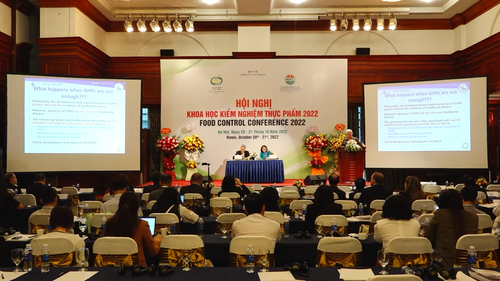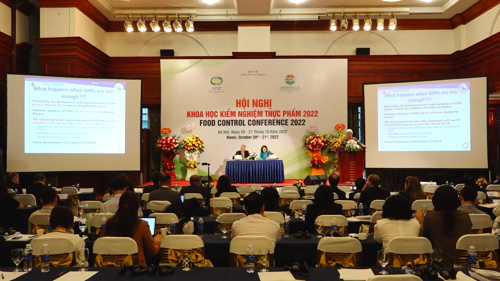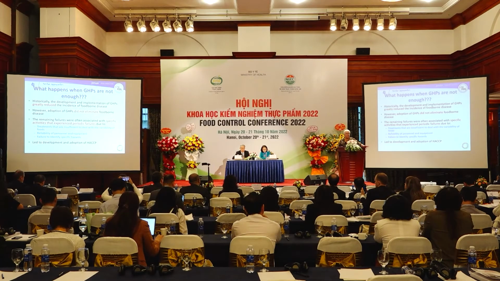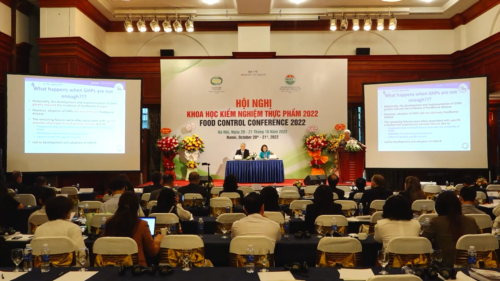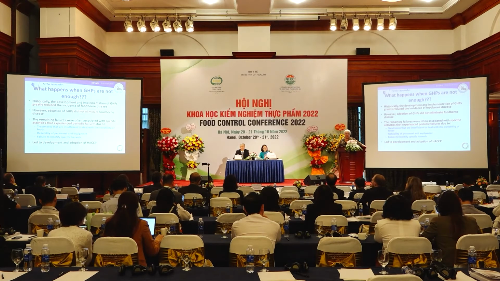That has to do with the remaining failures associated with specific activities where you have periodic failures. This may happen because treatments to control the risk are insufficient to deal with the variability that we see in the food. There may be problems associated with the reliability of personnel and equipment. And it may be a failure initially to identify the specific hazards.